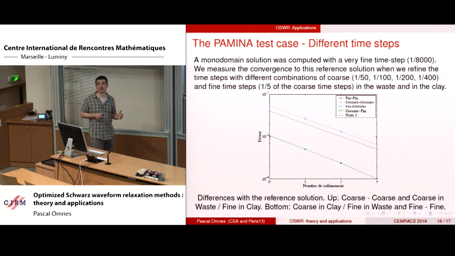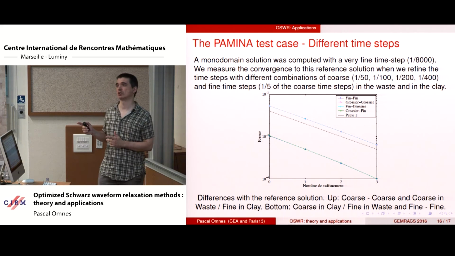This is useful because the clay region is 99% of your whole domain. If you use the same time step in both regions, then your computation will be quite slow.